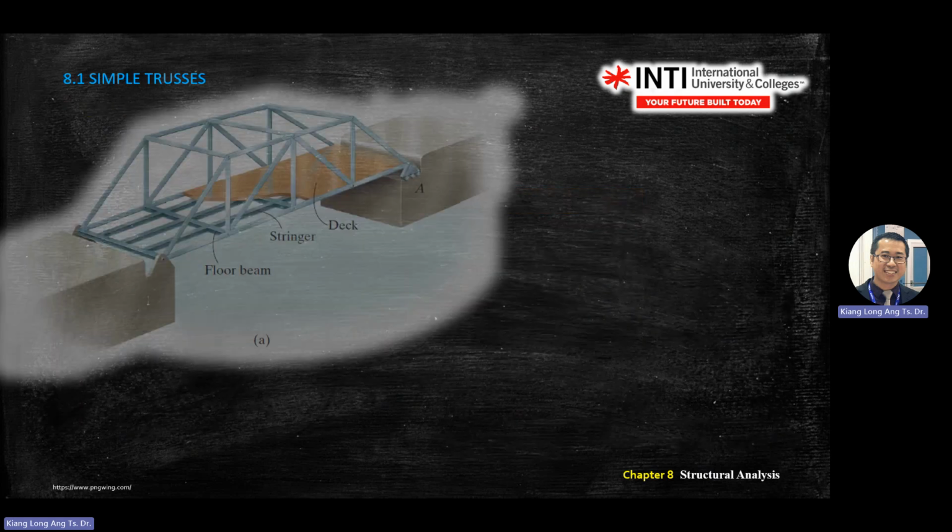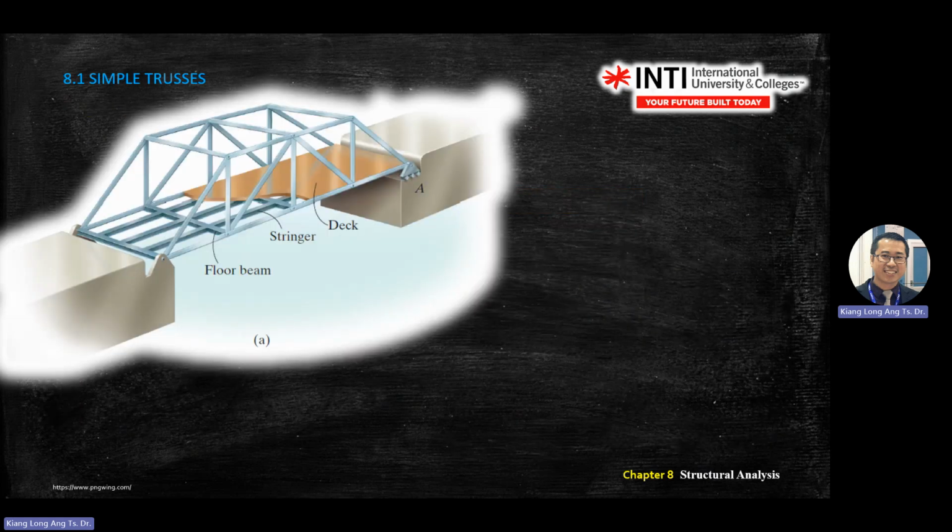The rest you'll read. This is in the 3D form. We call it simple truss. In the previous lecture, you saw this one as a cross section, and you viewed from this side, so you were seeing a 2D diagram. This is a 3D diagram. I think those taking civil already know what is stringer, what is floor beam, and all this.